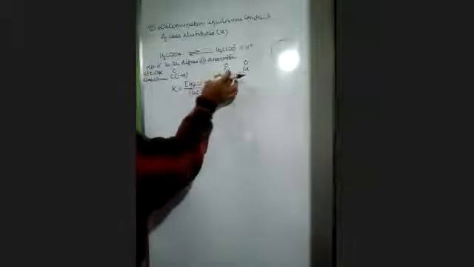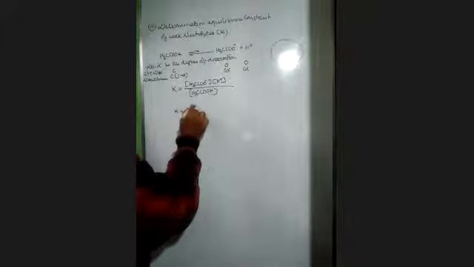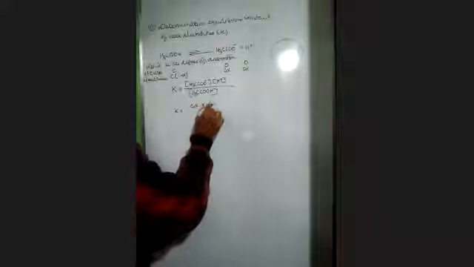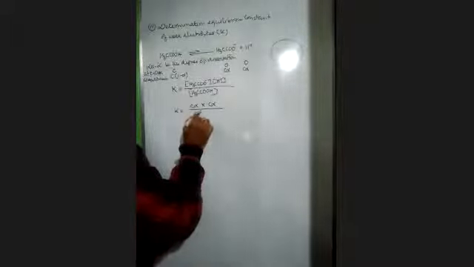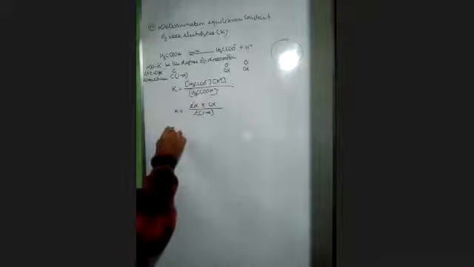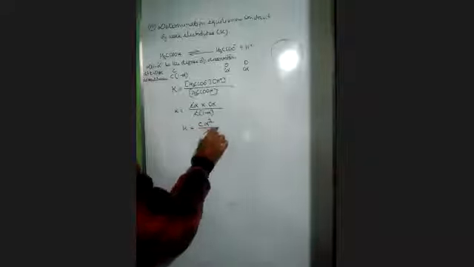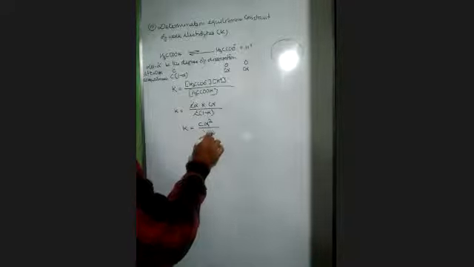So now I put this value here. K is equal to C alpha squared divided by C(1 minus alpha). All right. So C and C get cancelled. Therefore K is equal to alpha squared by (1 minus alpha).